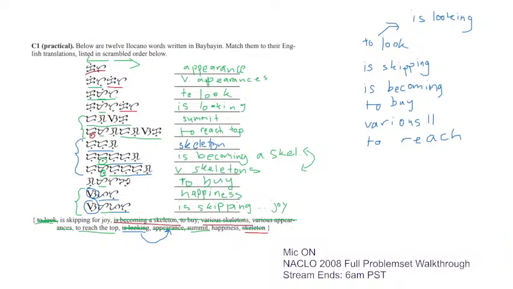We have this, to look, is looking, which has this conjugated here. And it's got the appearance thing at the end. So it's probably like, is looking like some appearance, right? So we have these two. Let's actually, I'm going to change my color again. We're going to have all the colors of the rainbow on this.